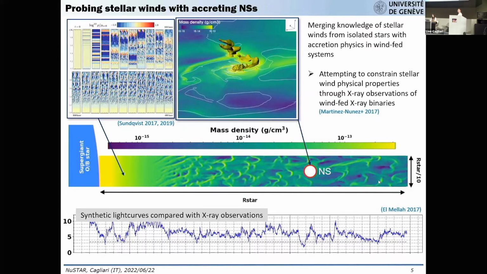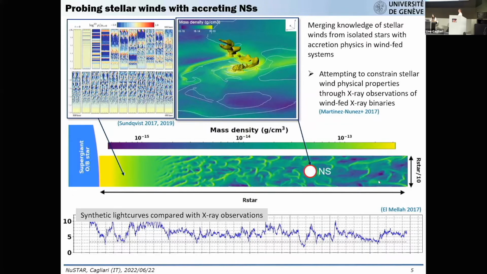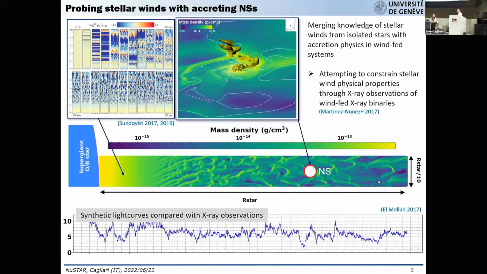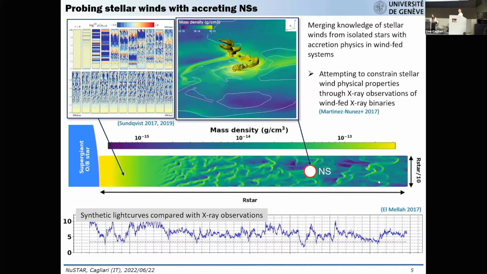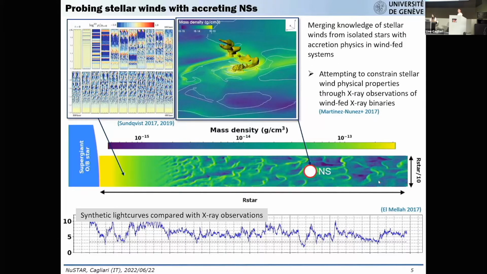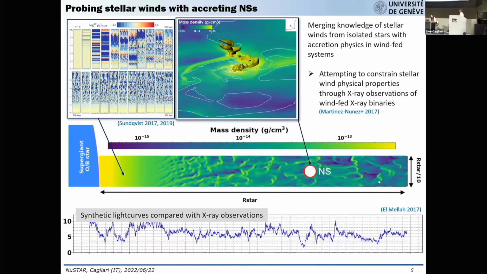of stellar winds that come from people studying isolated stars, especially supergiants. Then you plug in the neutron star and try to compute the feedback, because the neutron star is disrupting the wind and so on. You produce a synthetic light curve to be compared with X-ray observations of wind-fed binaries. Then you try to do some reverse engineering to see how much you can learn about the physics of the stellar wind.